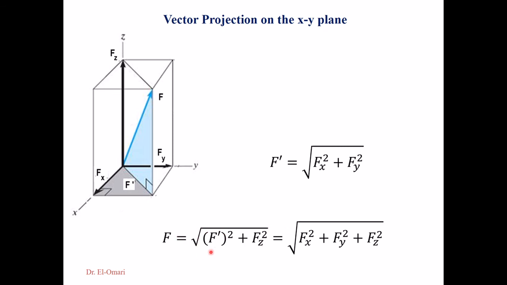So we can then substitute for the value of F prime and then write the final magnitude of that force, which is given by the sum of the squares and the square root of that.